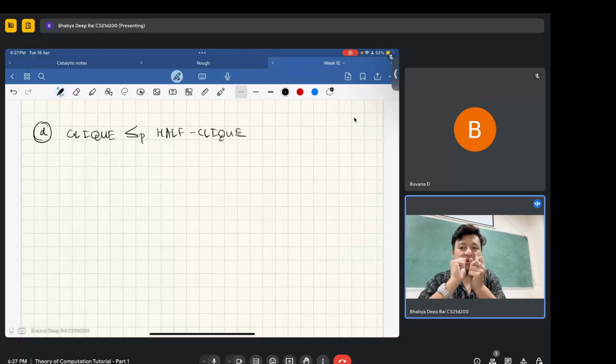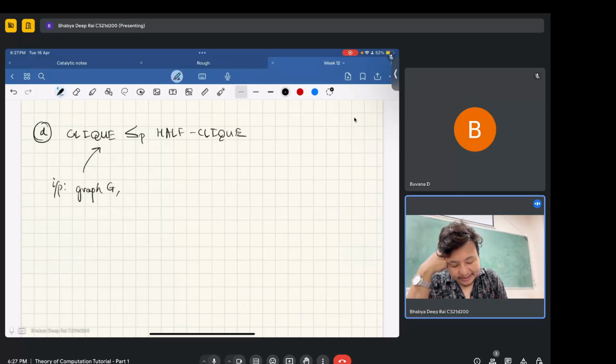Reduction is transforming one problem to another problem. What is the input to clique? The input is a graph G and an integer K, where K is a natural number. And what is half clique? The input is just a G.